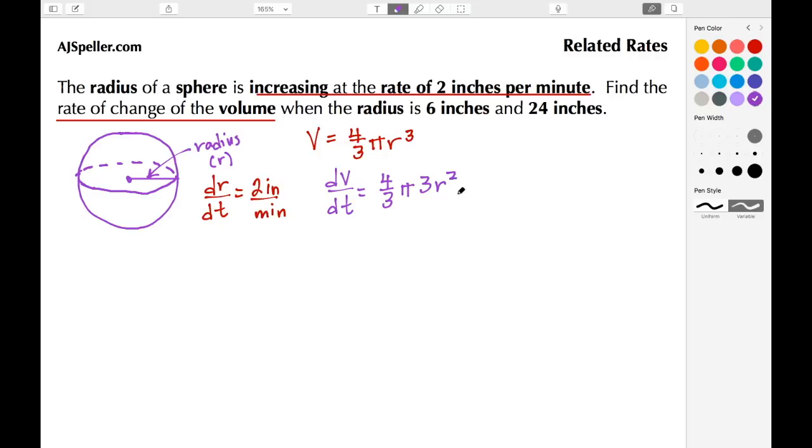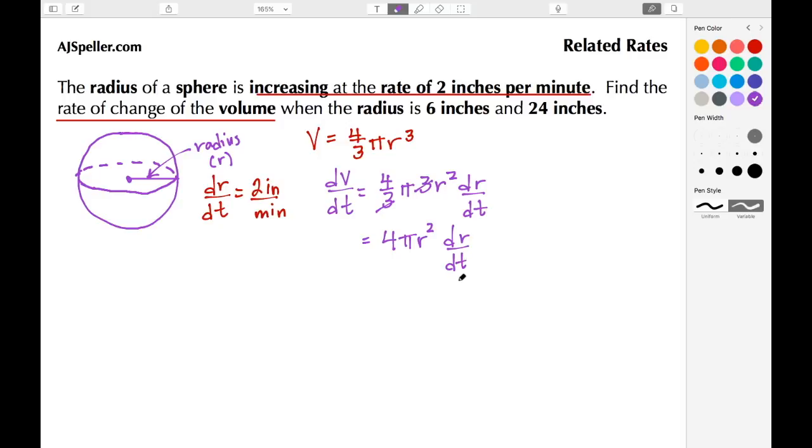And because we're taking the derivative with respect to time, we have to tack on the factor dr/dt. So now at this point we can do some simplification. We have 3 in the numerator and denominator, so those cancel. So you're left with 4 pi r squared dr/dt.